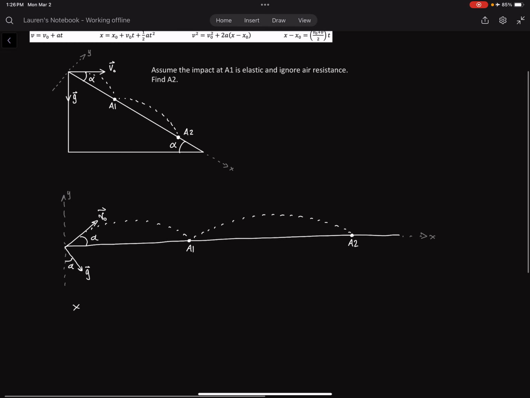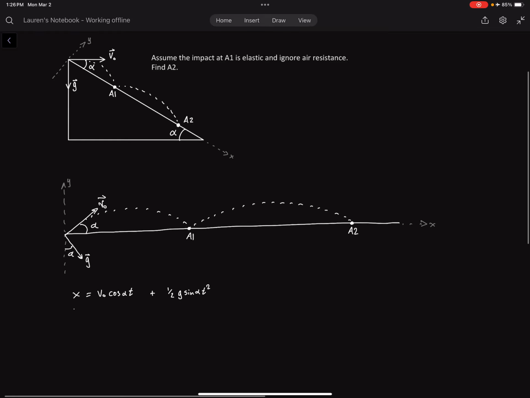So x at any time t is equal to, we have x naught being 0, so we can leave that out, v naught, but here we have just the x component, so cosine alpha times t plus 1/2. This is the component of gravity that points in the x direction, so g sine alpha t squared.